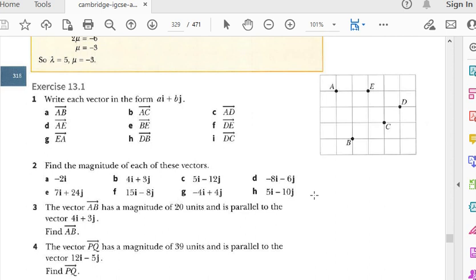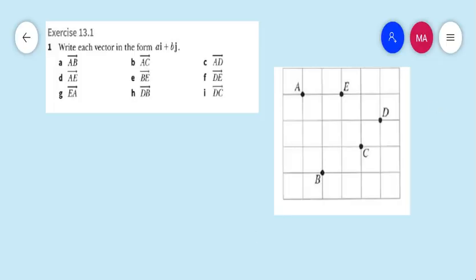Exercise 13.1, question number 1. Write each vector in the form ai plus bj. Very easy. See the diagram.